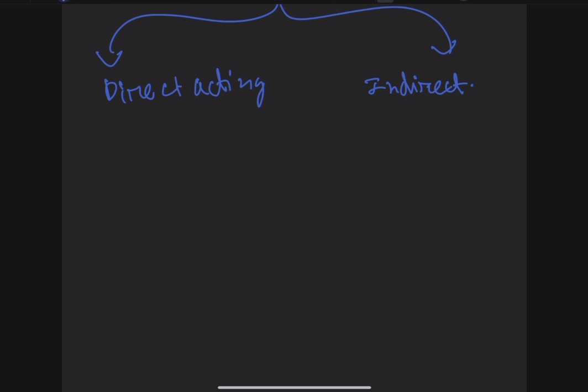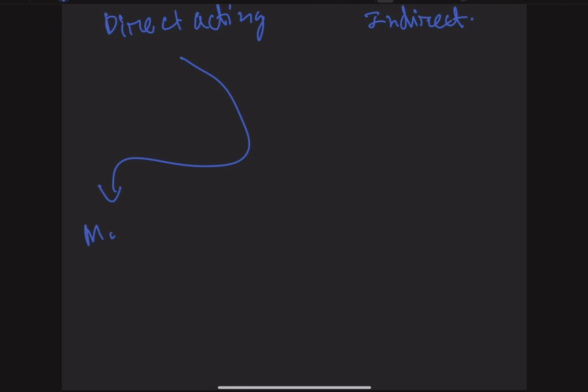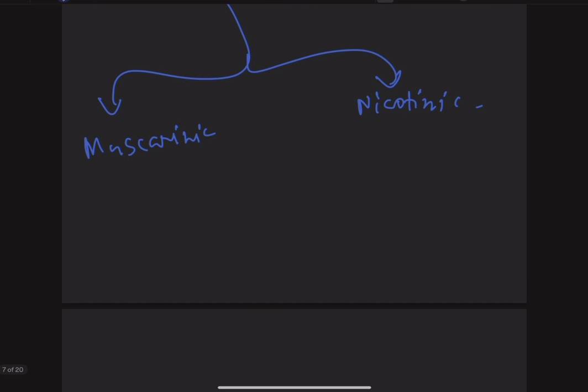So in directly acting cholinergic agonists, we have muscarinic agonists, and there is the nicotinic agonists. So we will talk about the muscarinic agonist in this video.